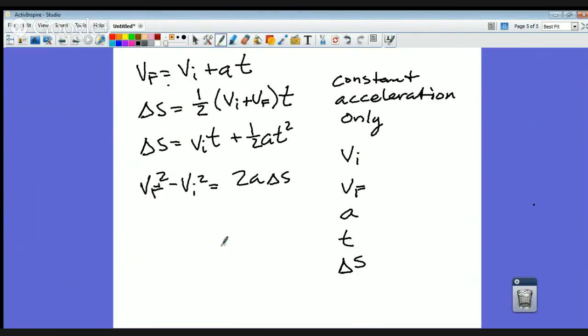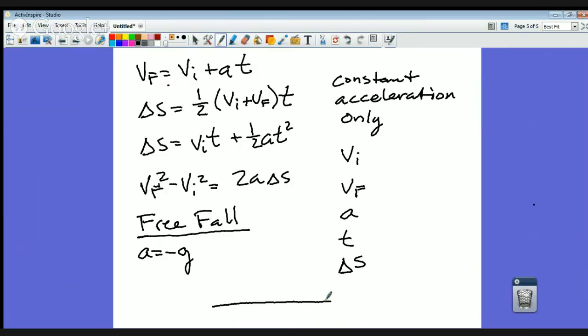All right, so the last thing is free fall. When something's in free fall, it's a constant acceleration problem, and we know that the acceleration is the acceleration of gravity, going down. So the acceleration will be negative g. Another thing we know about free fall is that it is symmetric about the peak.